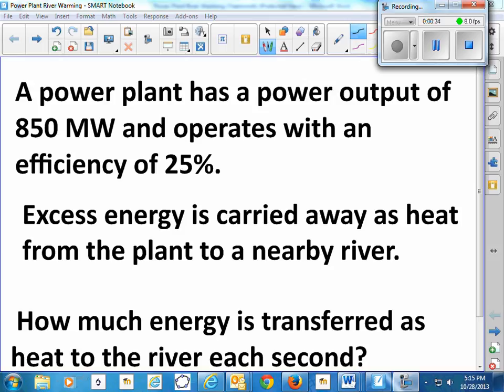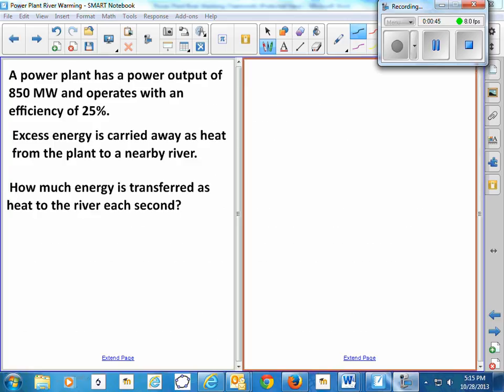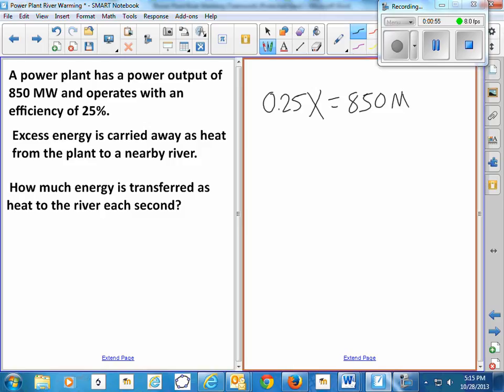So first of all, we need to figure out how much energy is wasted. So let's figure out the total energy and subtract the electrical energy from that. So we know that 25% of some total is equal to 850 megawatts.